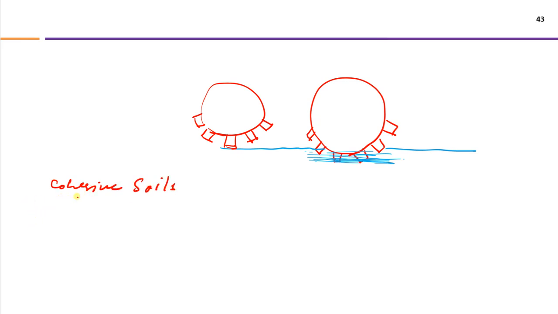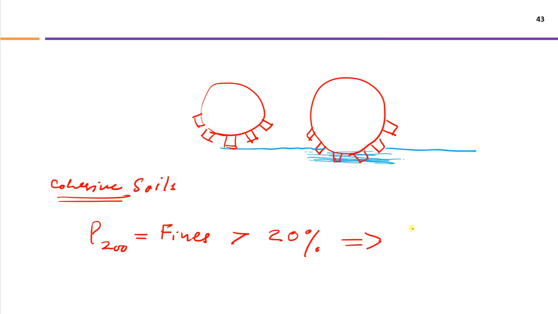And how are we going to decide if we are going to use this roller or not? We have to look at what is the passing from 200 sieve. If you remember, passing from 200 sieve is called fines. So if passing from 200 sieve is more than 20%, then for that soil we are going to use sheep foot roller.